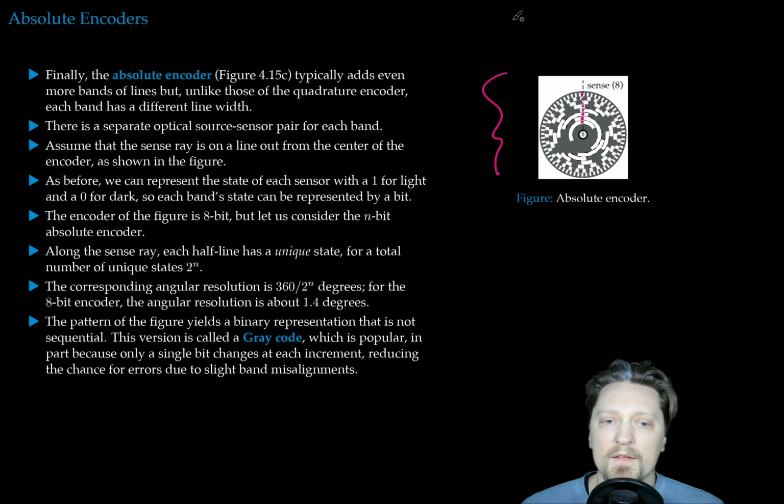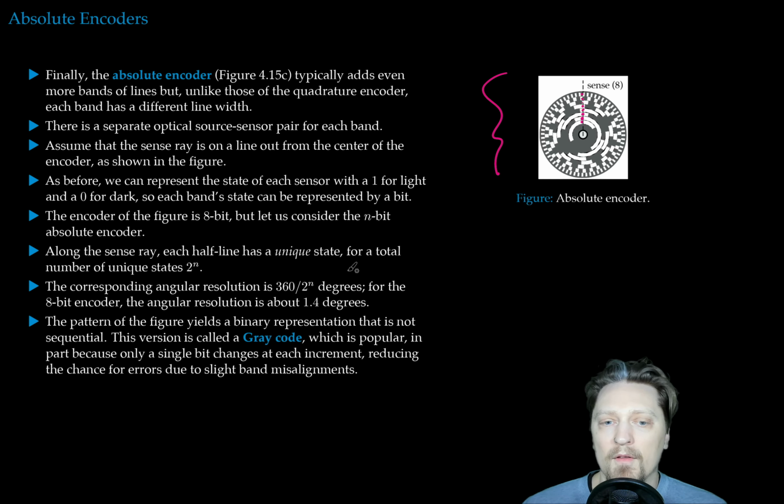Along the sense ray, each half line has a unique state, for a total number of unique states of 2 raised to the n power. The corresponding angular resolution is 360 degrees divided by 2 to the n. For the 8-bit encoder, the angular resolution is about 1.4 degrees.